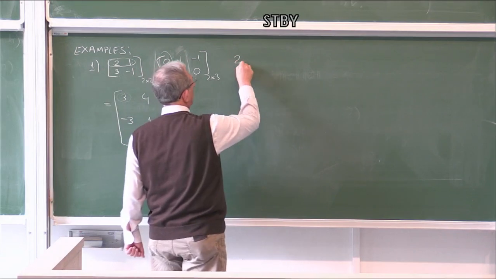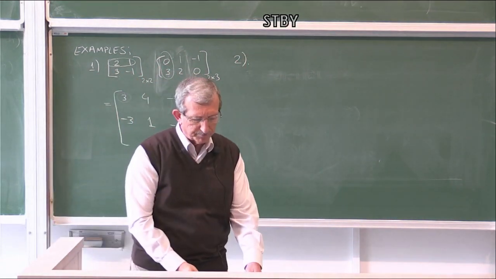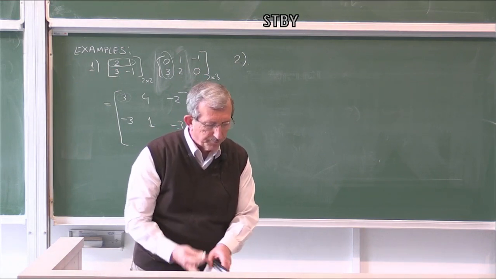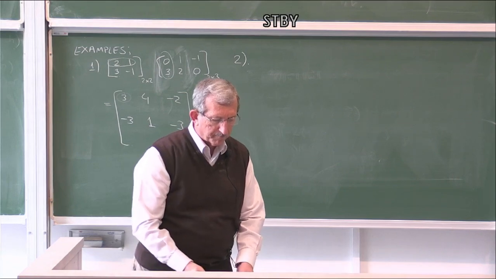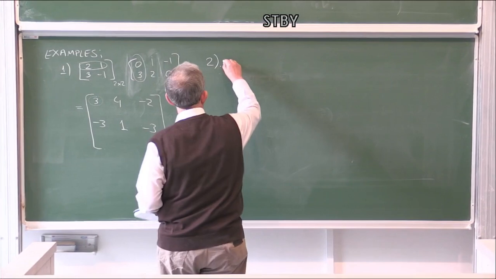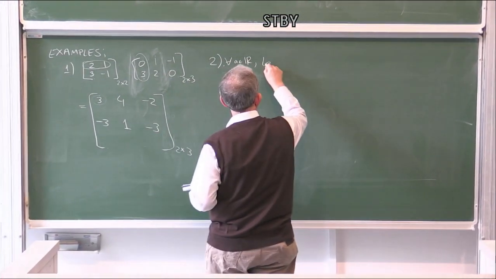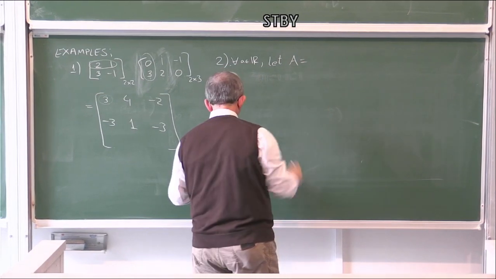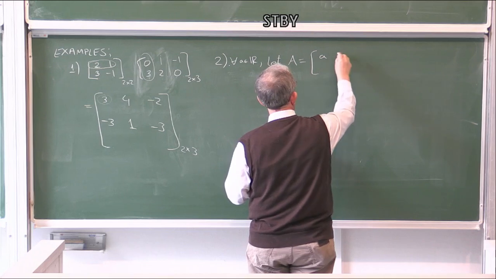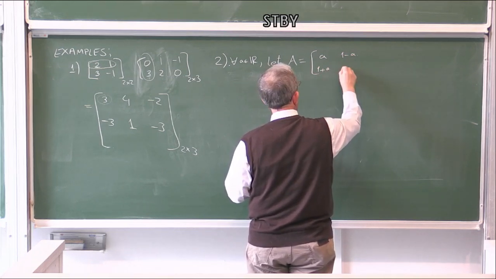A second example will show us some peculiarities of matrices. Let me consider, for any a, let A be the 2 by 2 matrix, which is a, 1 minus a, 1 plus a, and minus a.